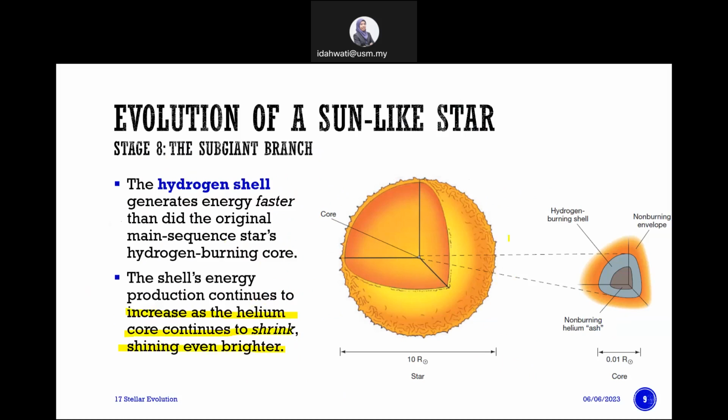Here you can see the star in general, with the core in the middle. Here we can see the hydrogen burning shell located here, the non-burning envelope as the outer layer, and the inner layer is non-burning helium.